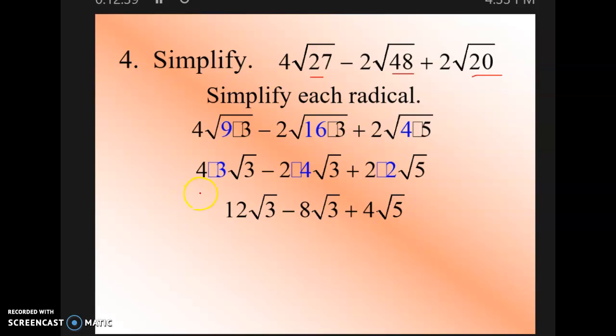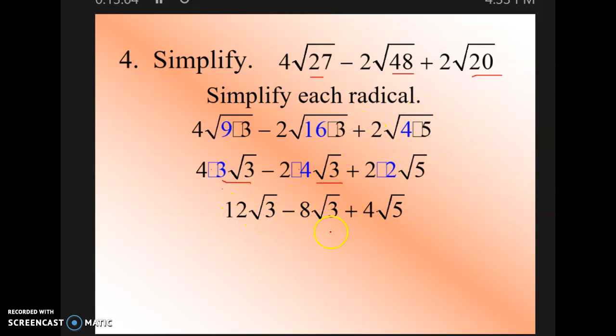When it says square root 3 and square root 3, those are like. So 4 times 3 is 12, and 2 times 4 is 8. So 12 minus 8.